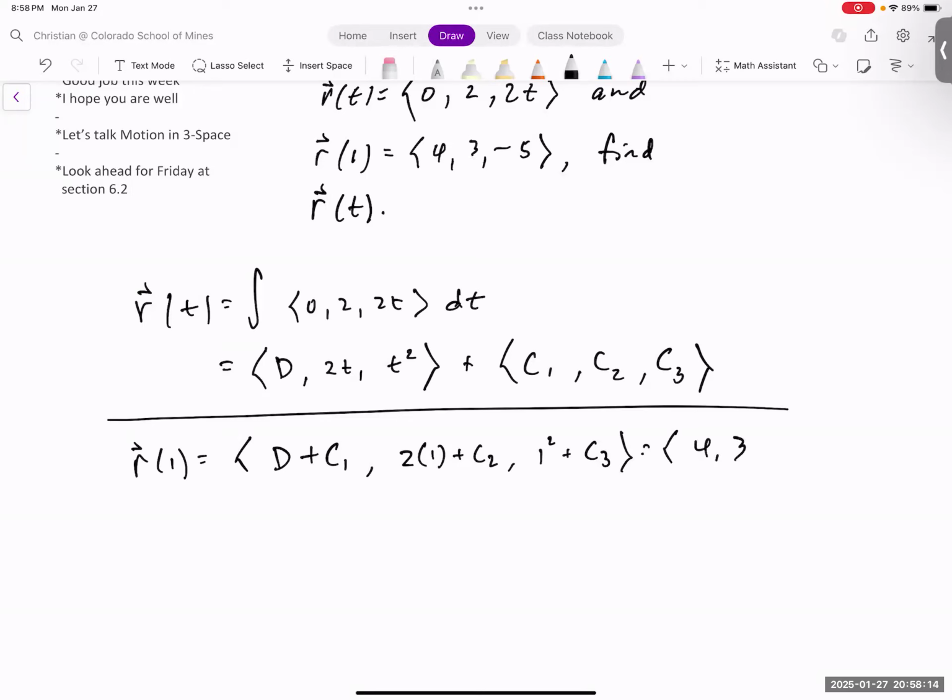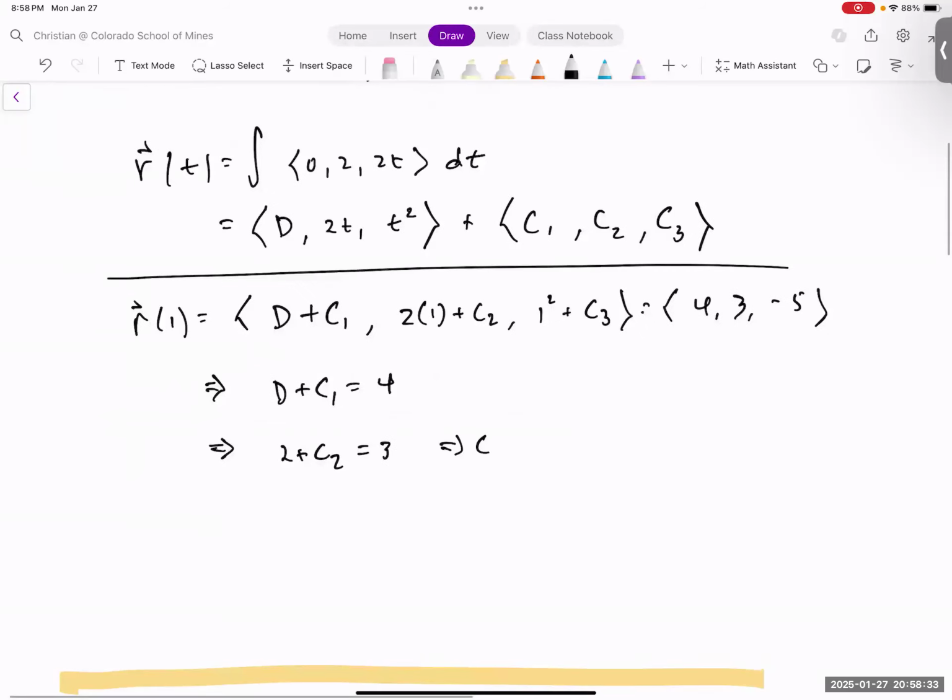So we're left with d plus c1 is equal to 4. 2 plus c2 is equal to 3. That tells us c2 is 1. 1 plus c3 is equal to negative 5. This tells us c3 is negative 6.